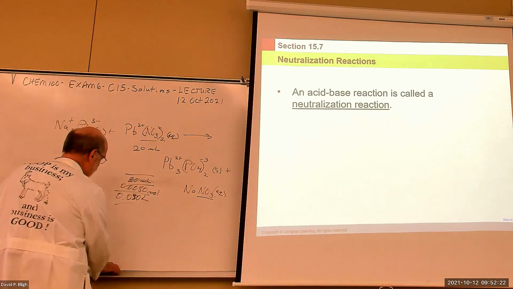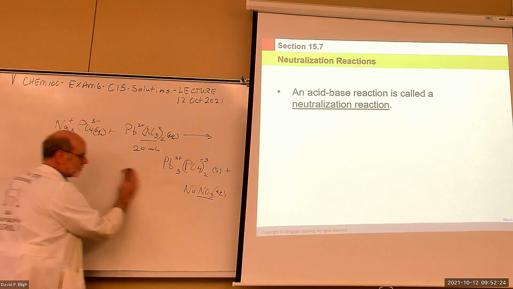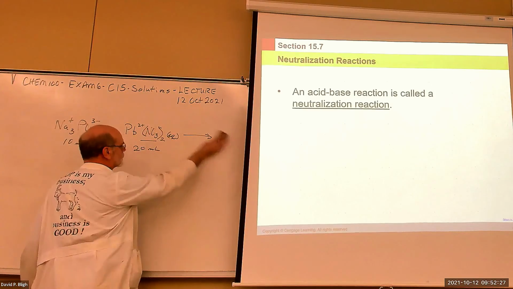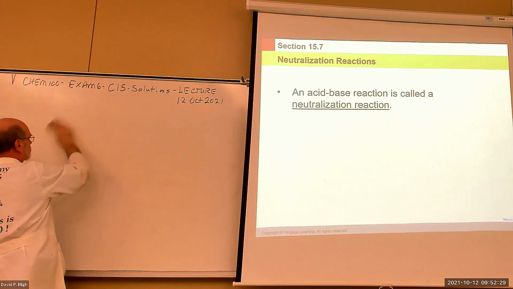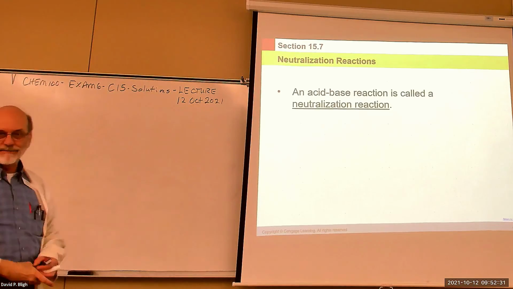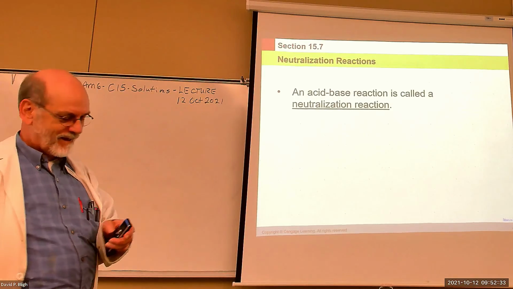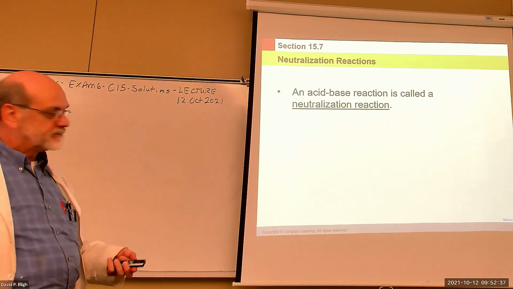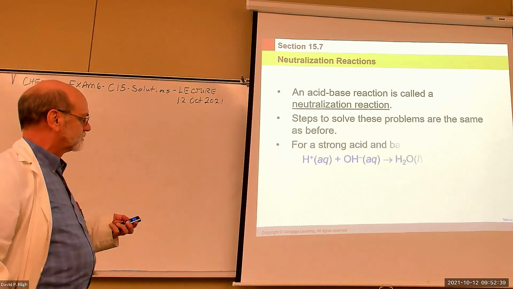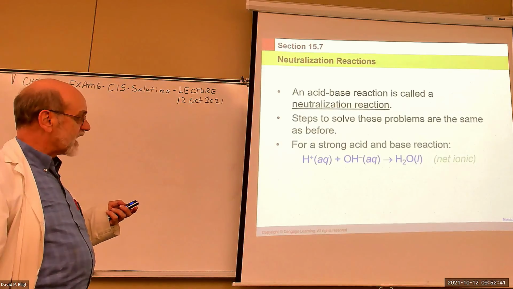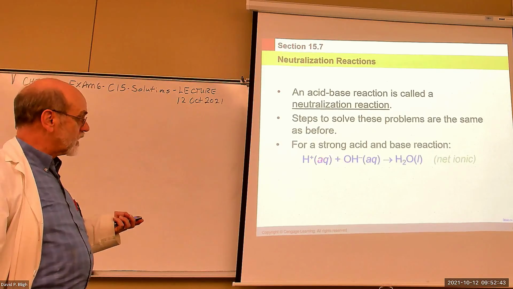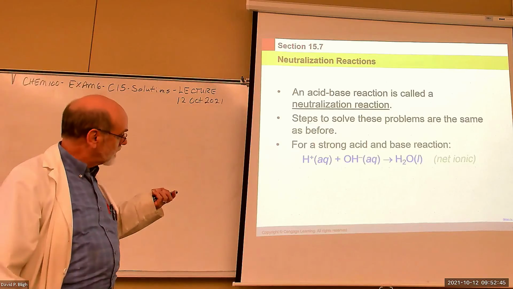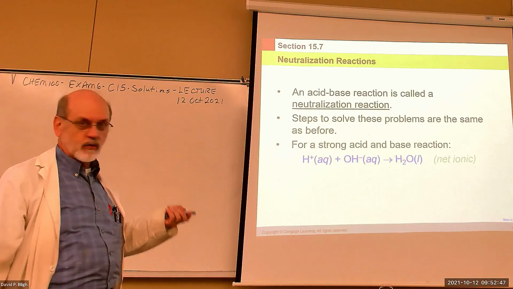Okay. Another type of reaction that occurs in solutions is acid-base. Often called a neutralization reaction. And in this case, the net ionic equation for an acid-base reaction is hydrogen ions plus hydroxyls yields water.